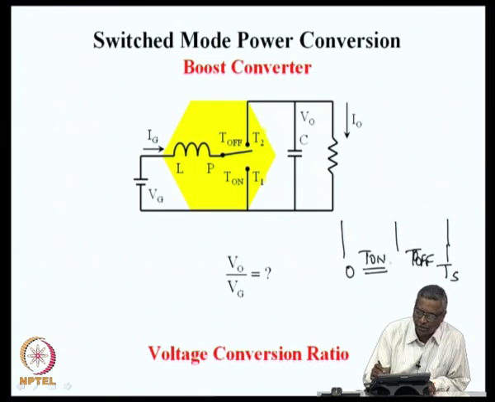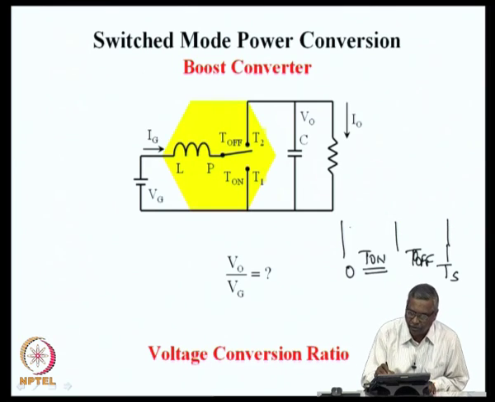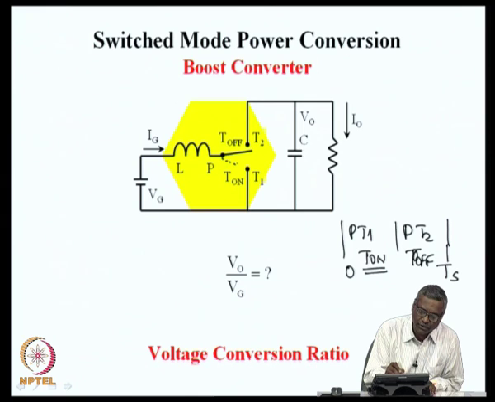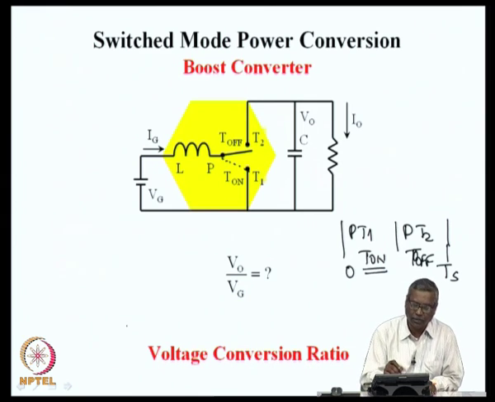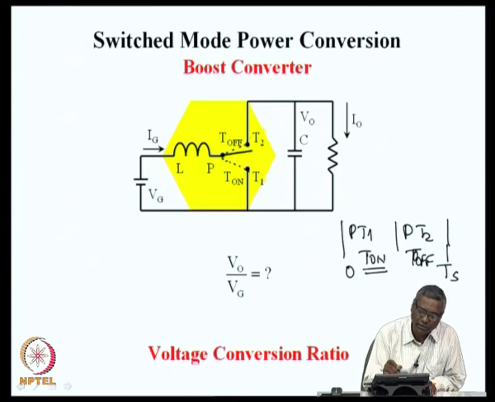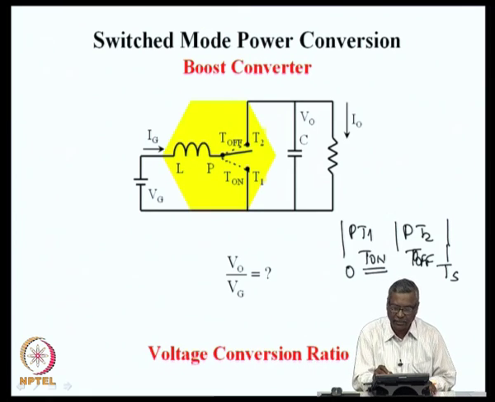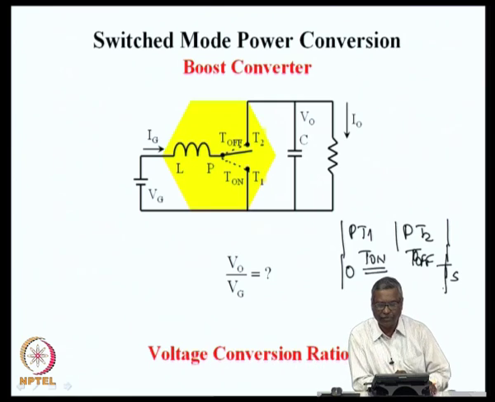So, during T on, the switch is connected between P and T1, and during T off, the switch is connected between P and T2. If you see the switch cell here, during on time the switch is connected between P and T1, and during off time the switch is connected between P and T2. One switching period is Ts, 0 to Ts, and within each switching period there is a duration called on time and a duration called off time.